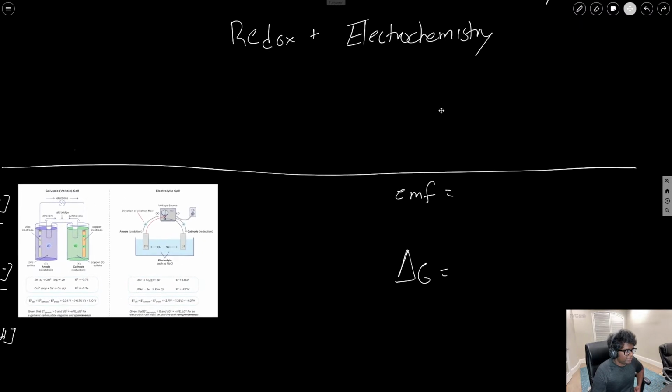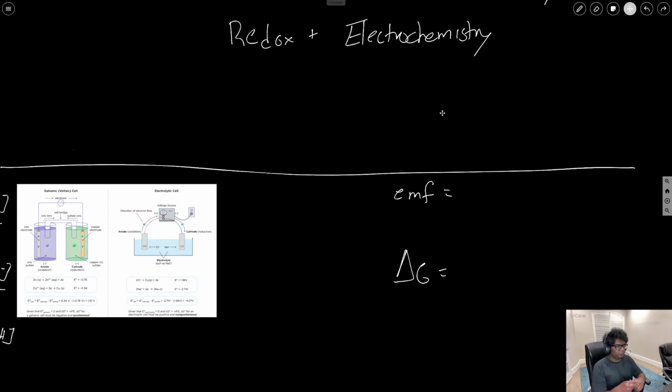Redox and electrochemistry. Now, I'll start off with redox first. Oil rig. There it is. I have a mnemonic. Oil rig. What does it stand for, guys? We all know this one.